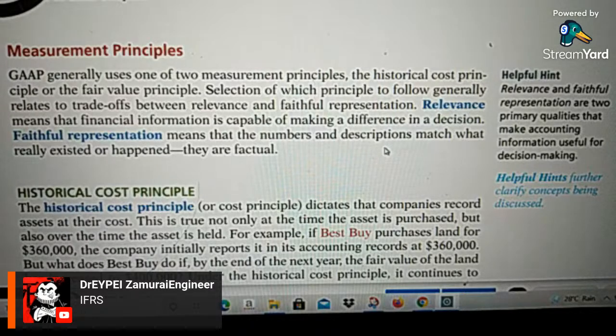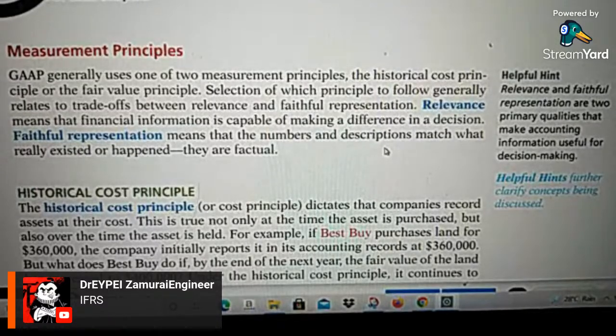So meaning, what we are recording is faithful representation. That is not an opinion. In all of the accounting letters, accounting events, accounting records, there is no opinion included in the accounting equation. There's no opinion. They are all factual. They are faithful representation. And the information is relevant for the users, for the internal and external users.